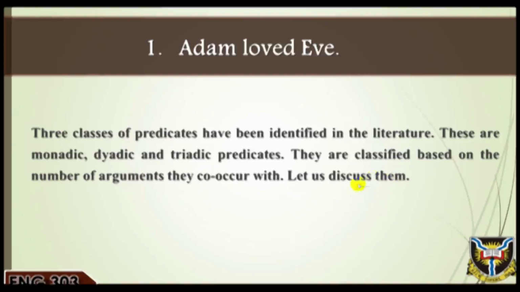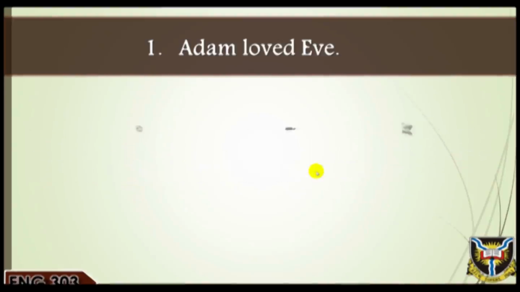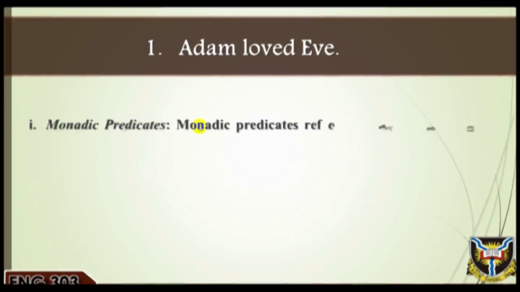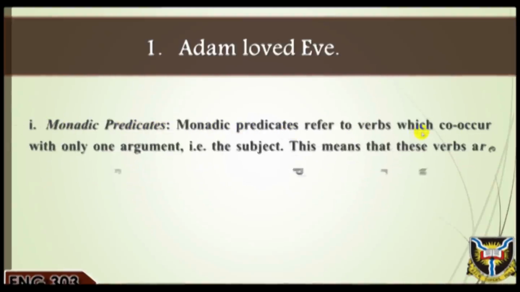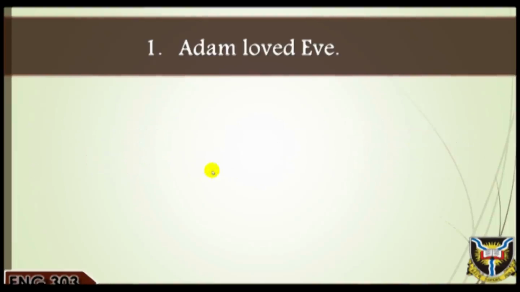Let us discuss them. 1. Monadic predicates. Monadic predicates refer to verbs which co-occur with only one argument, for example, the subject. This means that these verbs are purely intransitive verbs, as in 2a.